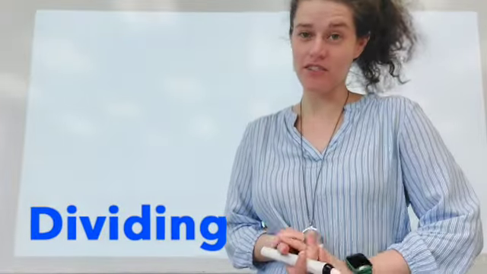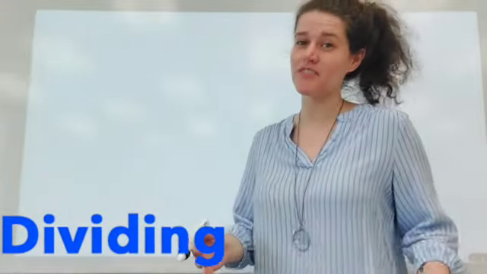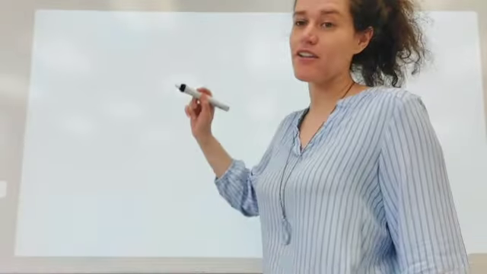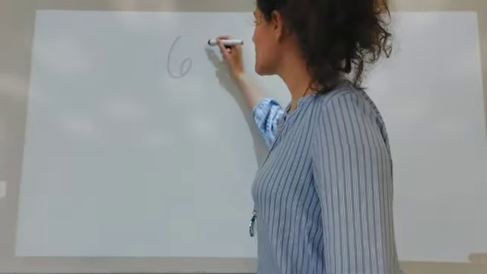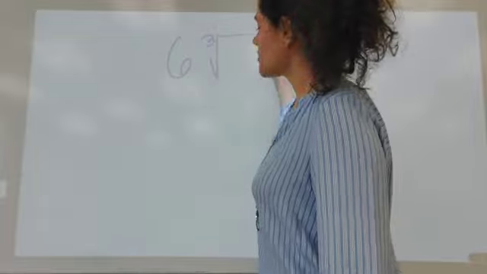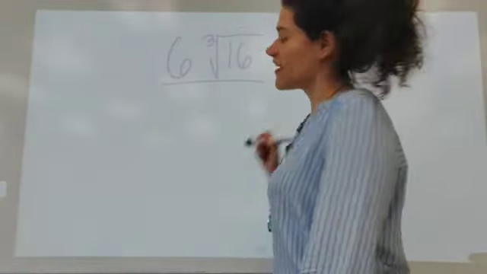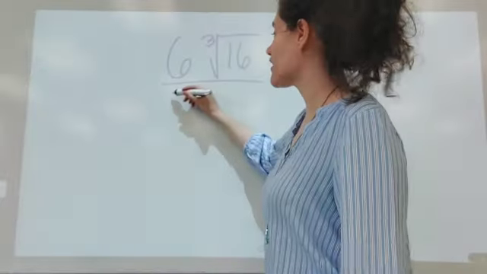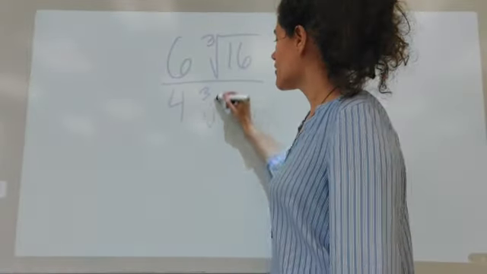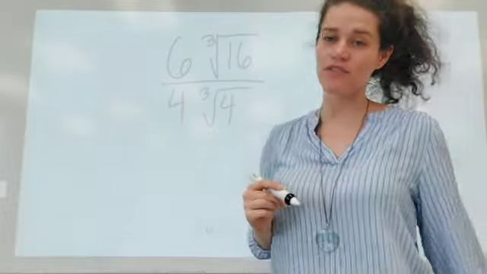Dividing radicals actually works very similarly to the multiplication. So let's look at that one. Let's say we've got 6 cube root of 16, and we're going to divide that by 4 cube root of 4.